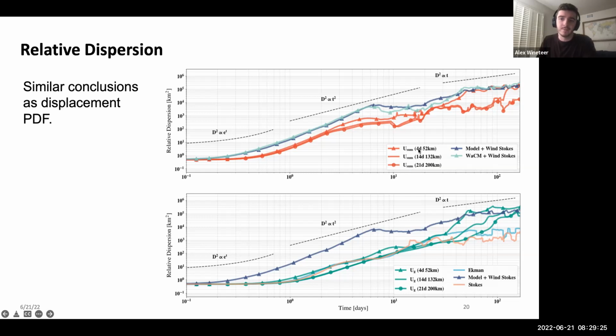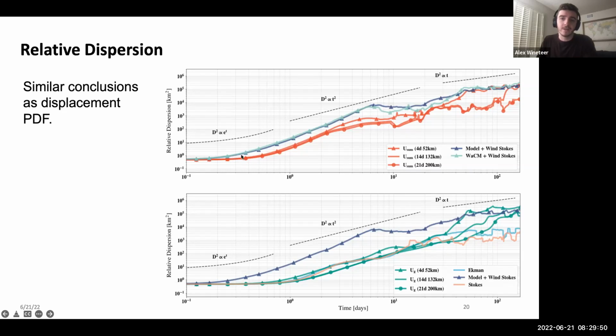Again, this summed experiment with geostrophic, Ekman and Stokes at these three resolutions of geostrophic currents, and then model and Wacom, or Odysea now. So we could see that as we start to move along the time scale, x-axis is time, y-axis is relative dispersion, particles begin to disperse.